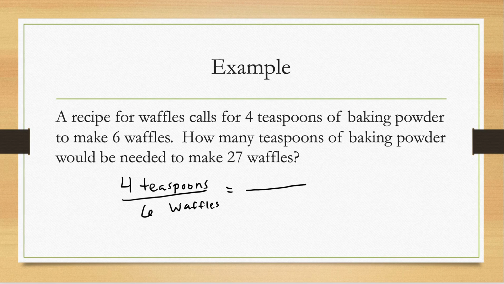Now remember, the way that we have this set up, we want teaspoons on the top, waffles on the bottom. The question is asking us how many teaspoons, so that's going to be my x, on the top for the teaspoons. How many teaspoons of baking powder would be needed to make 27 waffles? The 27 waffles, because the waffles is on the bottom, will go on the bottom of our second ratio as well.